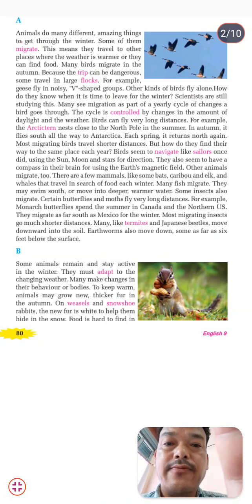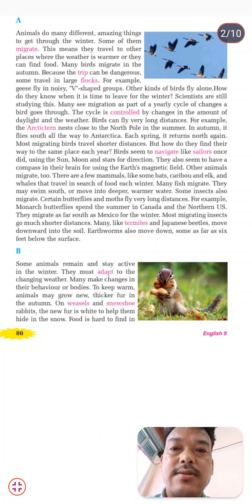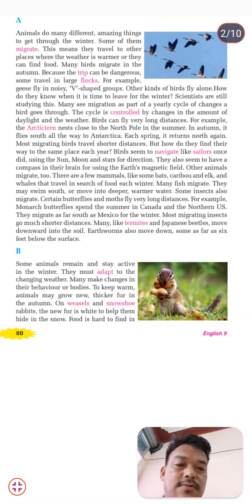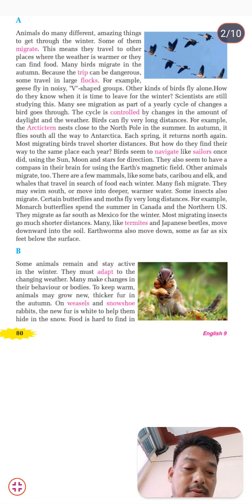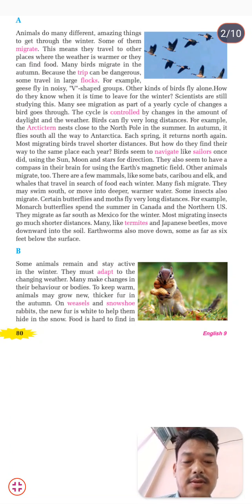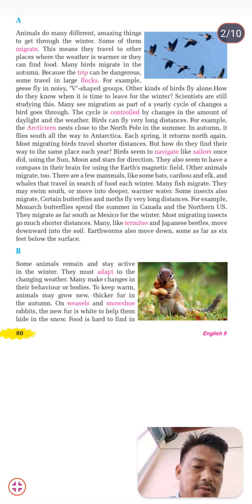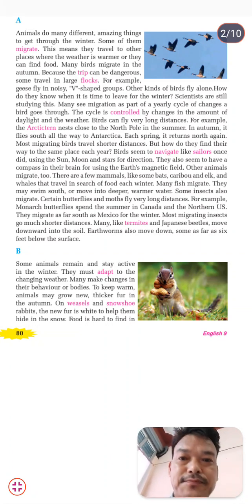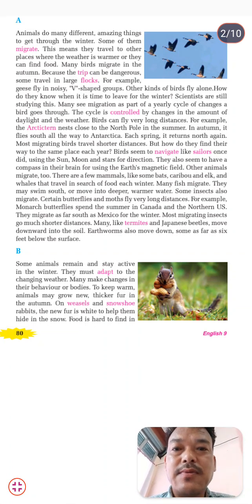Animals do many different, amazing things to get through the winter. To protect from cold, we often see small animals and birds do some amazing things that human beings can't do. Some of them migrate.